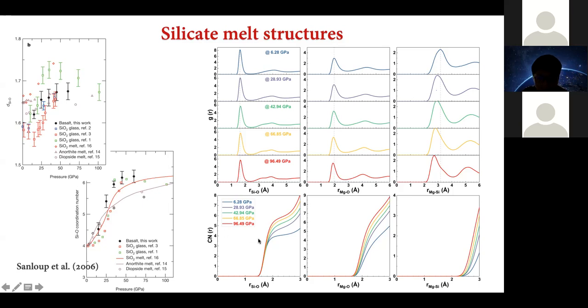Here we can see our results also show that the coordination number of the silicon-oxygen pair increases from 4 to 6 at 6 to 17 GPa. So this demonstrates the reliability of our calculations.